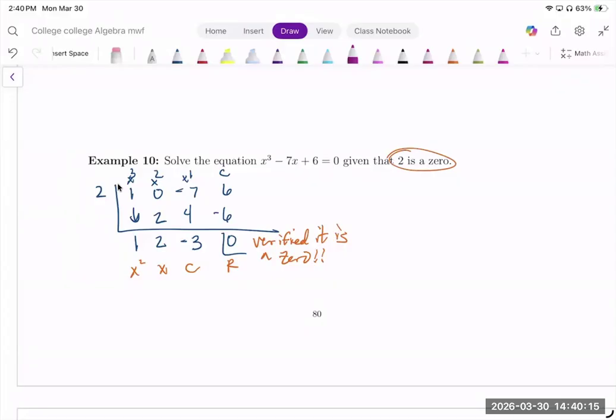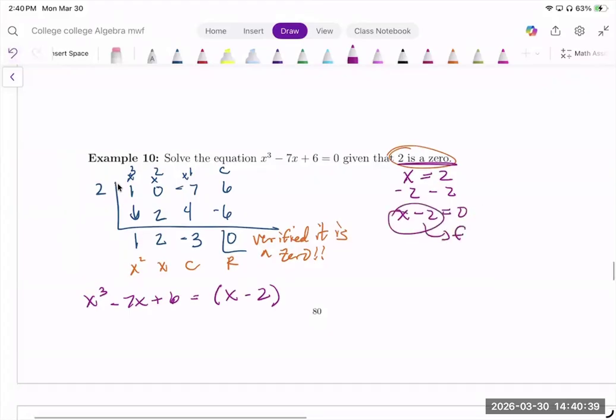So this tells me that x cubed minus 7x plus 6 factors into x minus 2, because if 2 is the zero, this says that x equals 2, so I just subtract that over to find the factor. This is the factor.